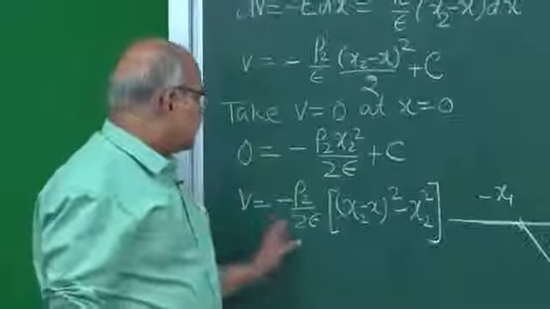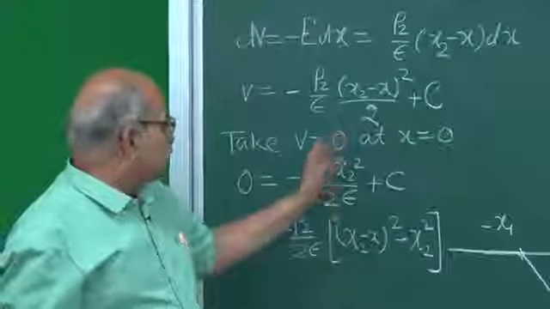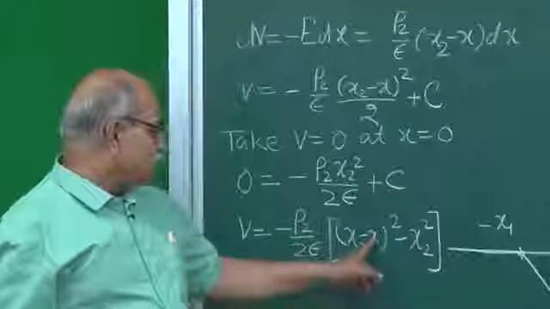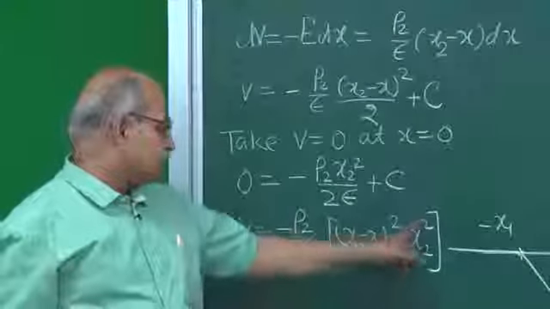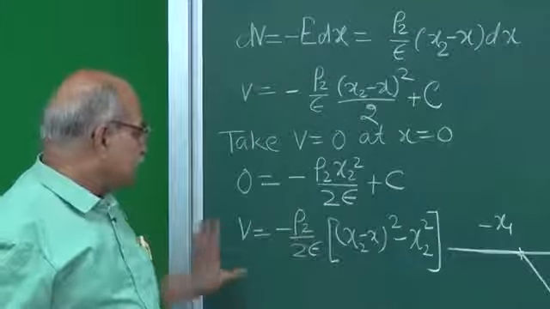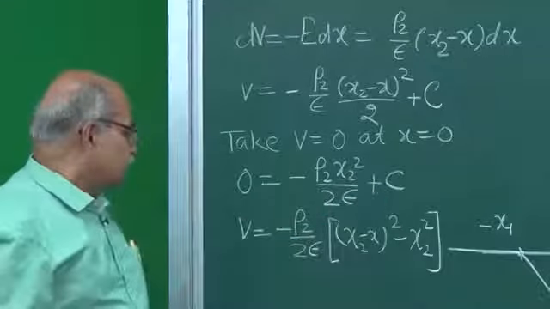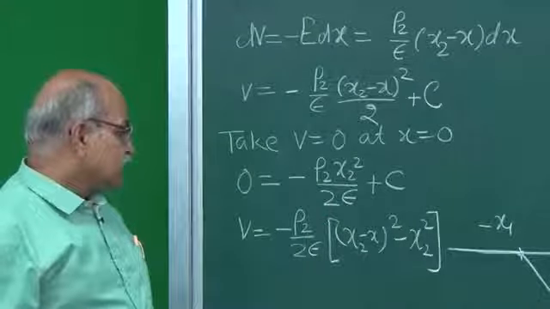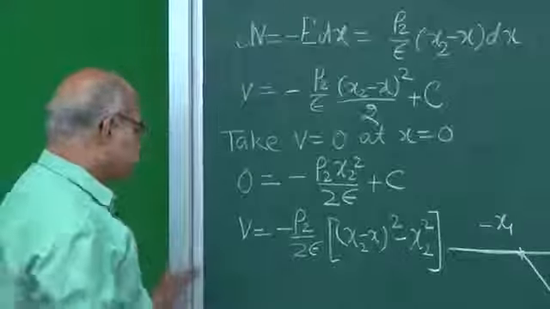So, let us check at x equal to 0, V should be 0. At x equal to 0, it is x2 square minus x2 square, that is 0, that is fine. So, we have substituted it correctly. This is the expression for V. And what is V at x2?